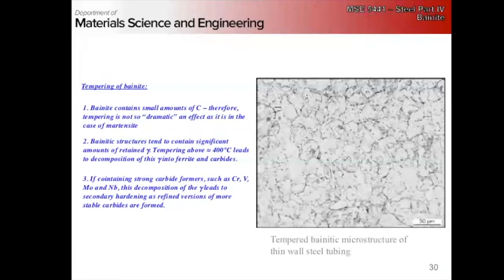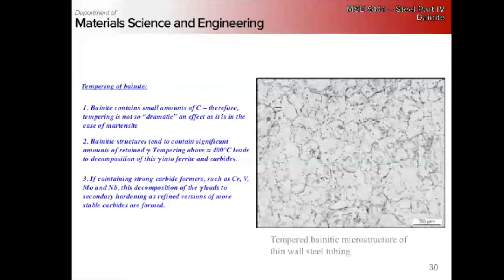So if we temper it at temperatures where we have mobility of our carbon, this will decompose this enriched austenite into ferrite and other carbides. Right? Basically, we'll be like growing pearlite within our bainite. Right?